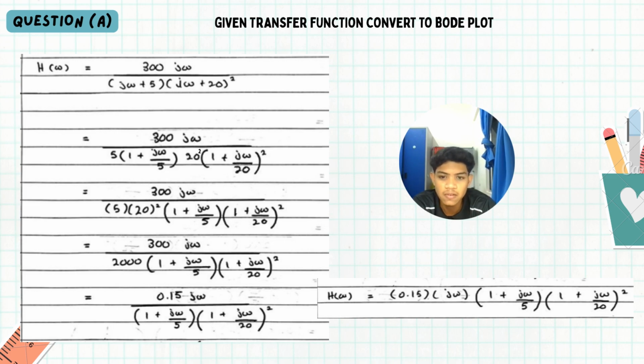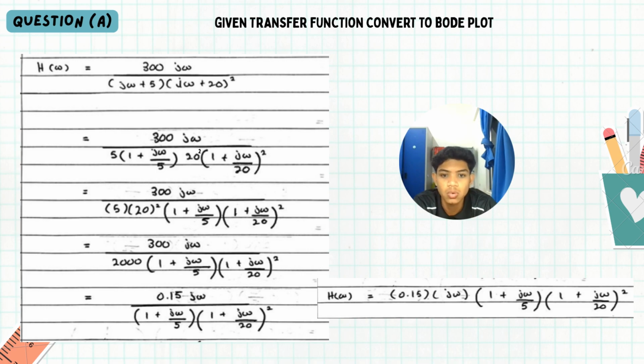To convert a transfer function into a Bode plot, we use the straight line or asymptotic approximation method. To plot a Bode diagram easily using the straight line approximation, every term in the denominator needs to be in the standard time constant form, which looks like 1 plus j omega divided by omega c, where omega c represents our corner frequency.